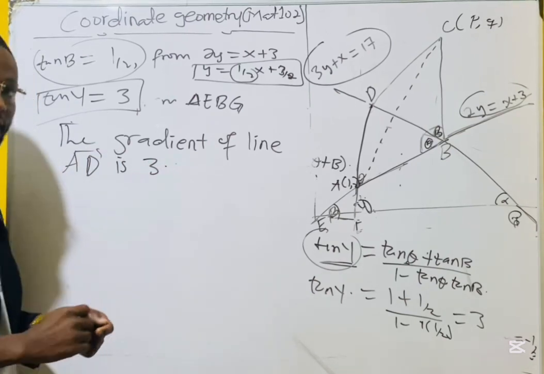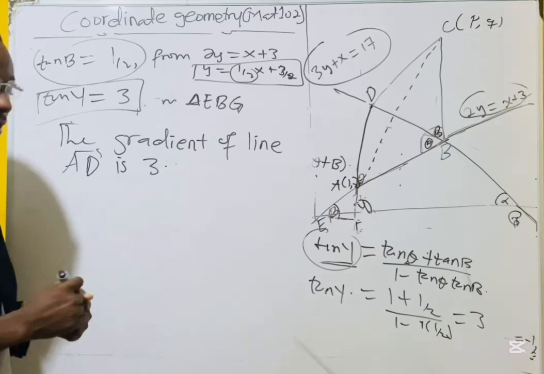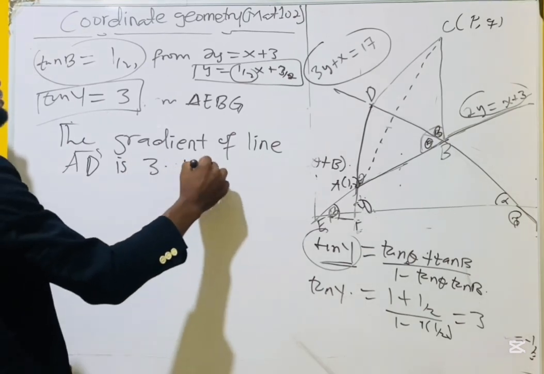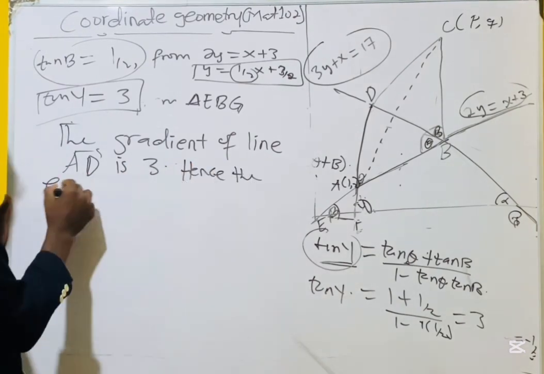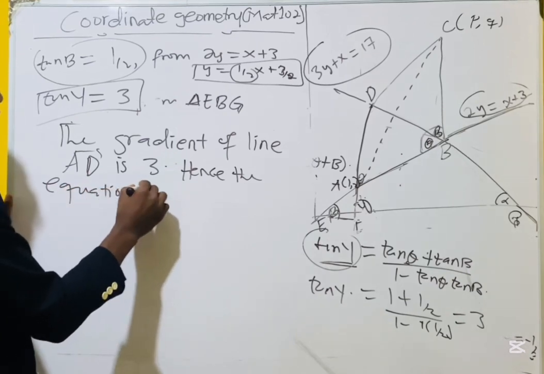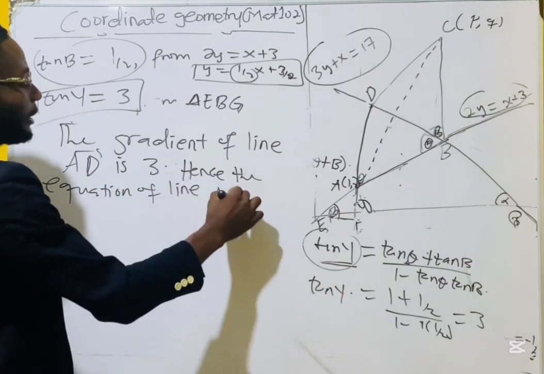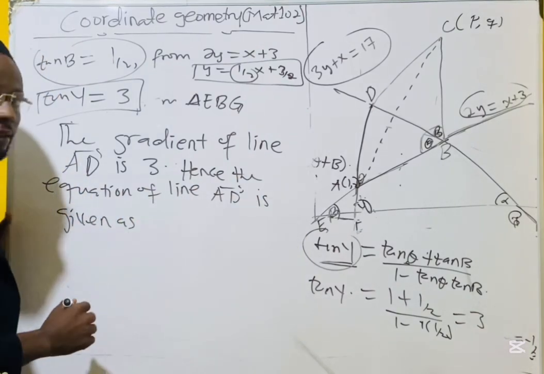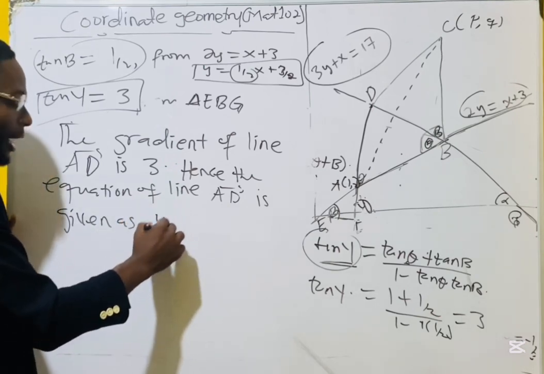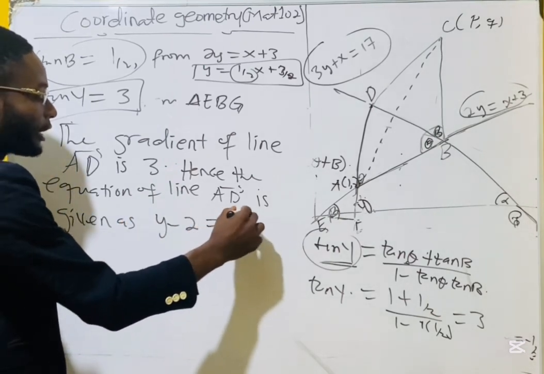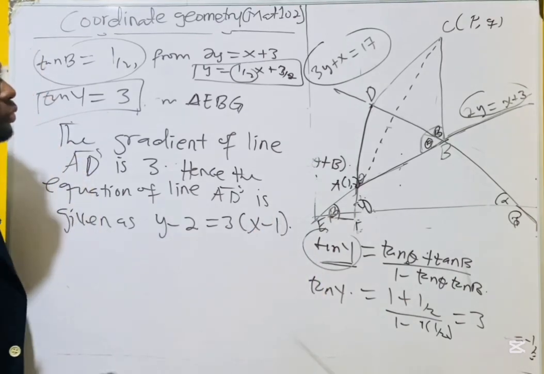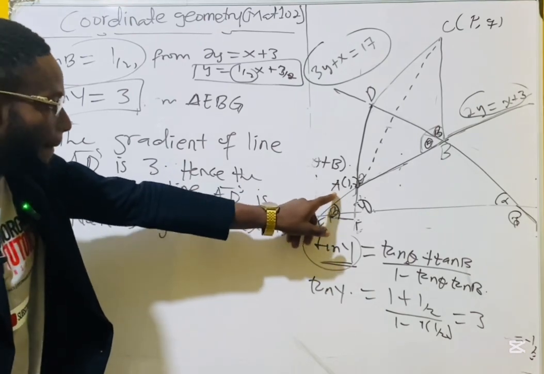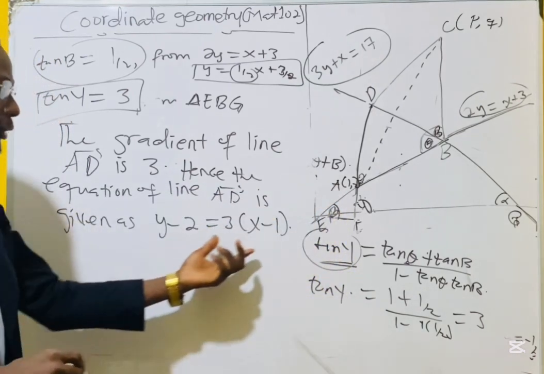Okay, so once we have the gradient of line AD, then we can say that the equation of line AD is given as y minus 2 equals 3 into x minus 1, right? So now we are using AD. We know the coordinate for A, so that is what we are using as a point, right?